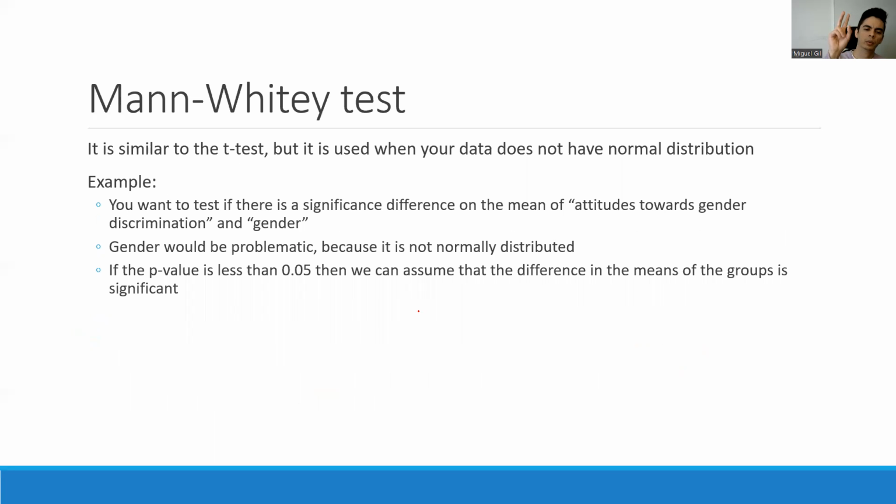Gender is 1 or 2, so the distribution will look something crazy, right? Like you have the frequencies here, and here you have 1 and 2, and it will look something like this, right? So the graph is this. So it's not a normal distribution.